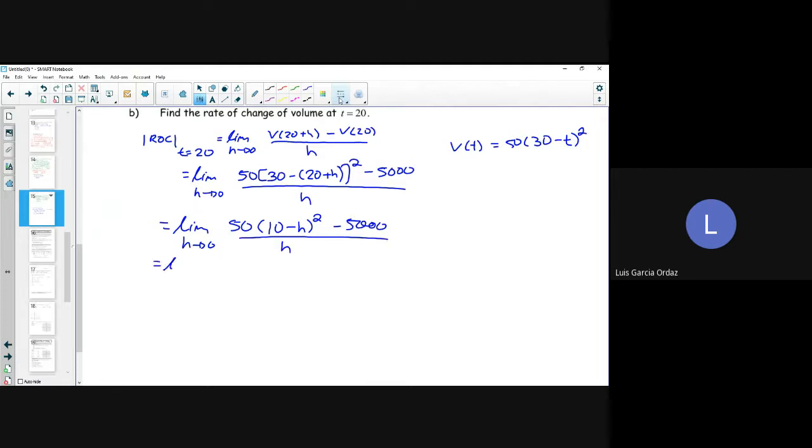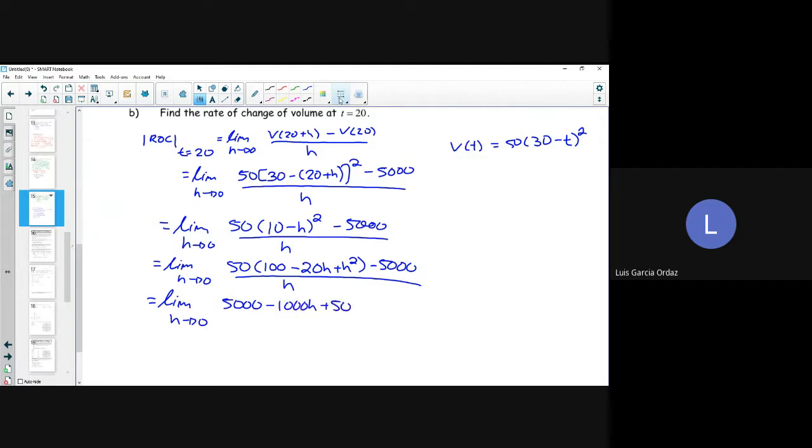And we get our limit as h approaches 0 of 50 times (100 minus 20h plus h squared) minus 5,000 all over h. So now we can simplify my numerator: the limit as h approaches 0 of 5,000 minus 1,000h plus 50h squared minus 5,000, and that's all over h.